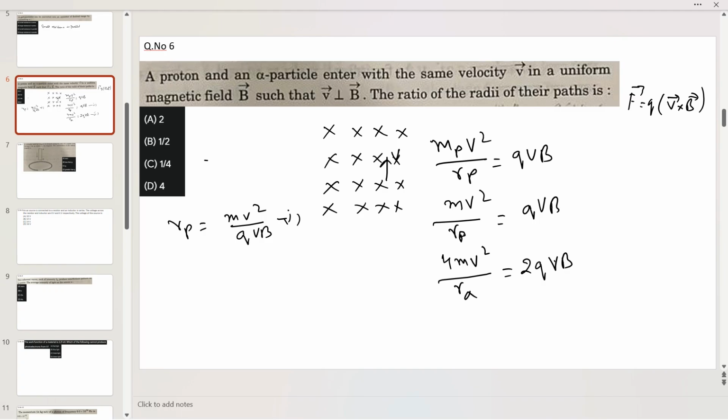And r alpha, its mass is 4m, v square by charge, 2 protons, so 2 qvb.